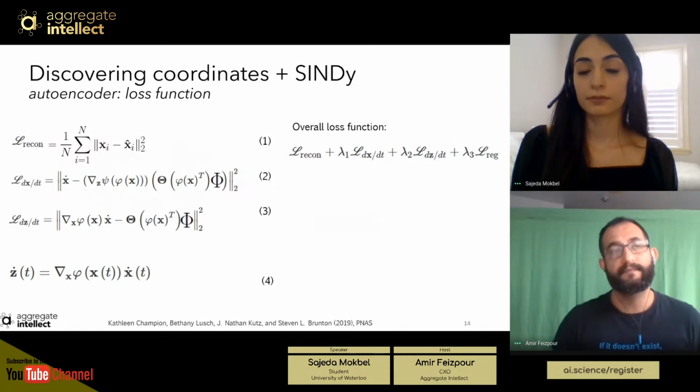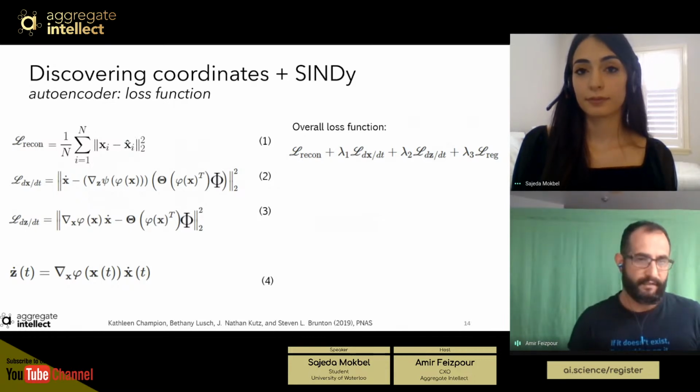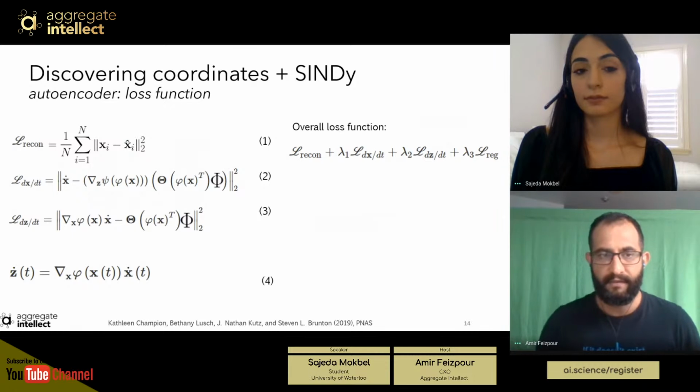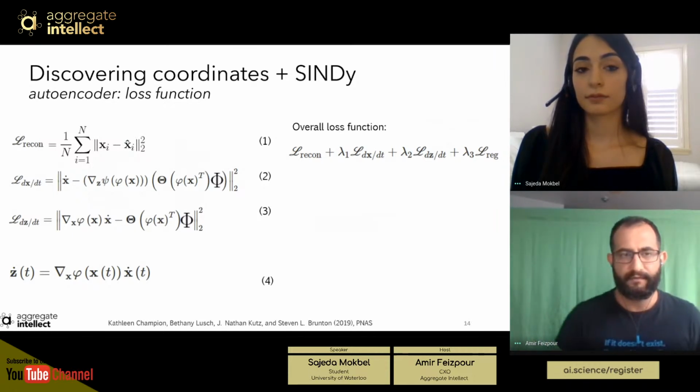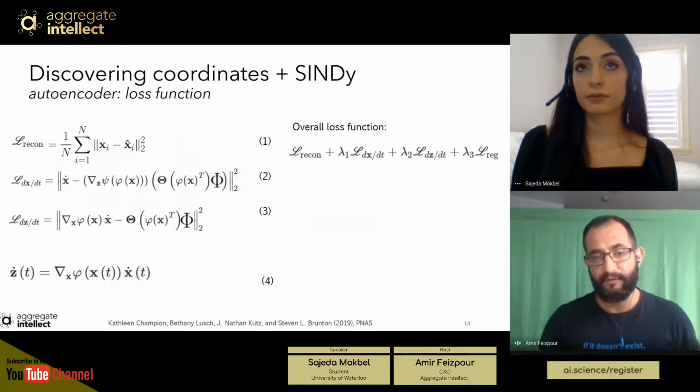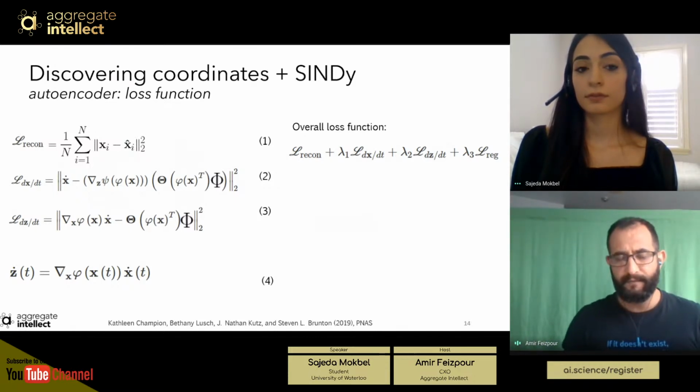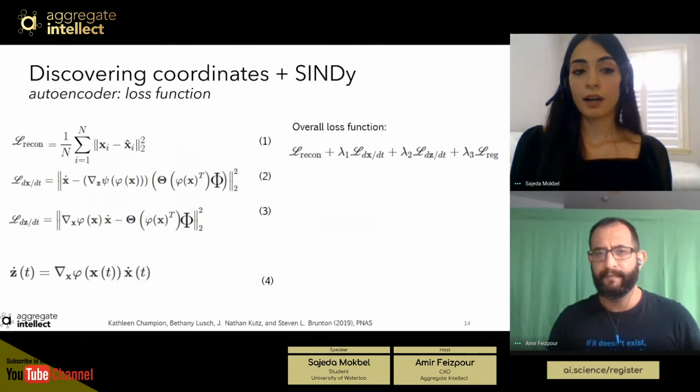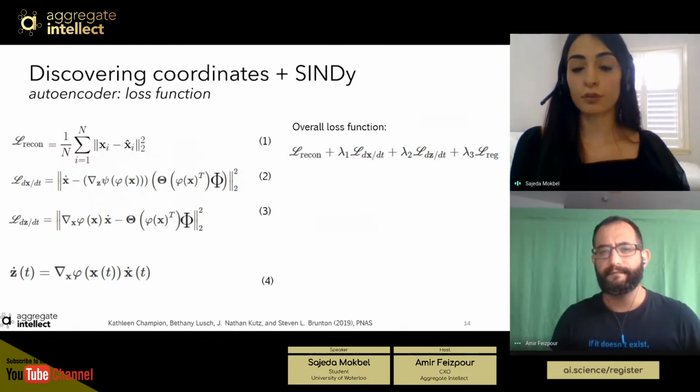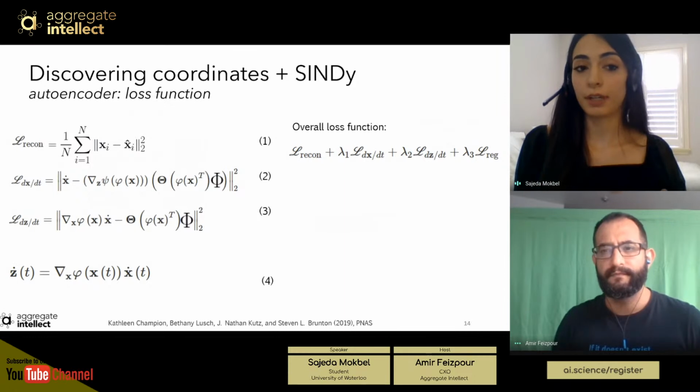Do you know if there's a specific reason that they're looking at both the loss related to the real data and the loss related to the data in the representation space, the Z space? So why are they looking at both equation 2 and 3?